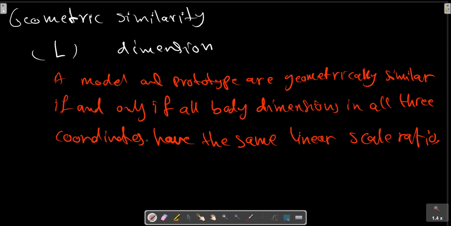Note that all length scales must be the same. It is as if you took a photograph of the prototype and reduced it or enlarged it until it fitted the size of the model. If the model is to be 1/10 the prototype size, its length, width, and height must each be 1/10 as large. Not only that, but its entire shape must be 1/10 as large.